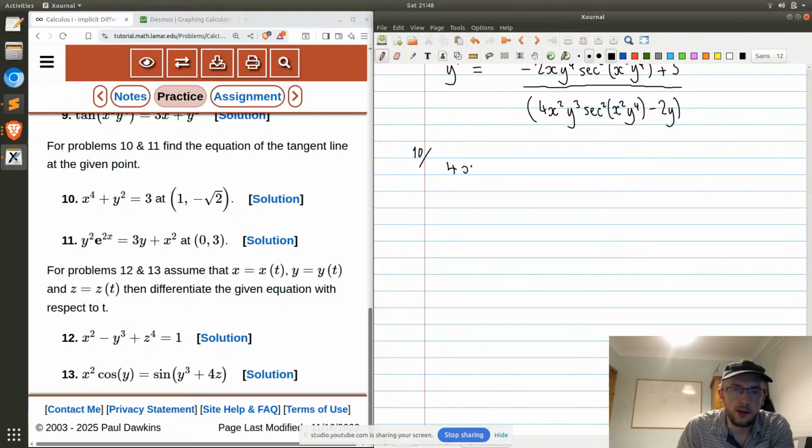So I'll get 4x cubed plus 2y y prime equals 0. So y prime is equal to minus 4x cubed over 2y.